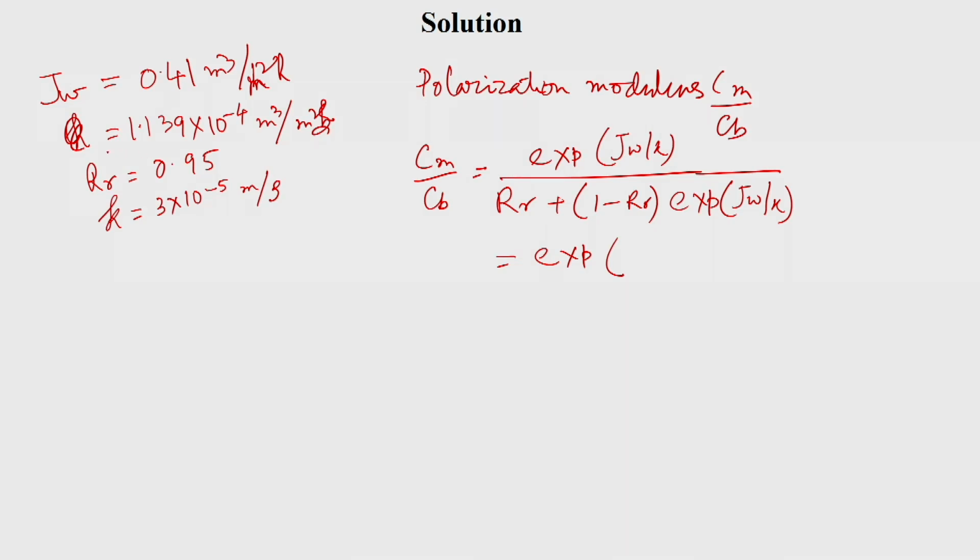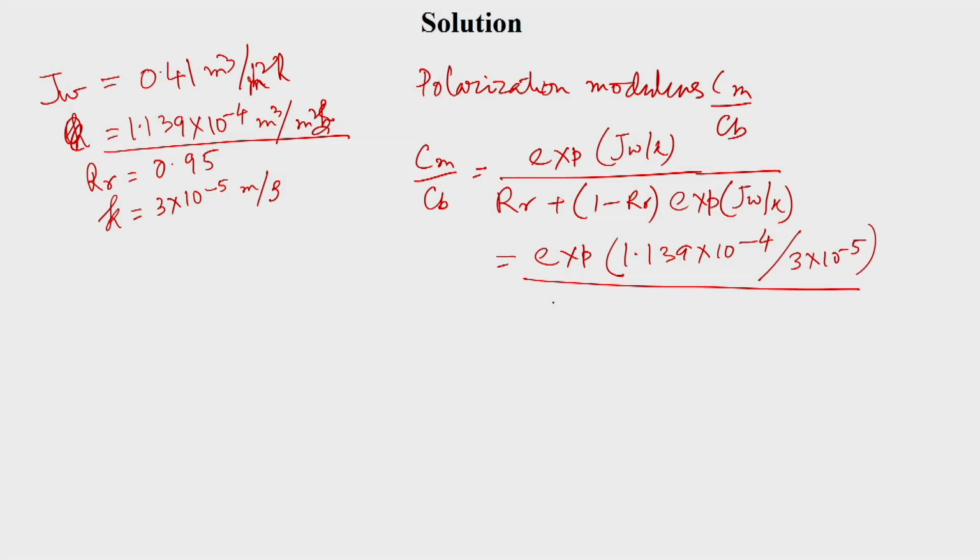So, Jw is equal to, actually this is 1.139 into 10 to the power minus 4, by k is equal to 3 into 10 to the power minus 5, divided by Rr is equal to 0.95, plus 1 minus 0.95 into exponential 1.139 into 10 to the power minus 4 divided by 3 into 10 to the power minus 5.